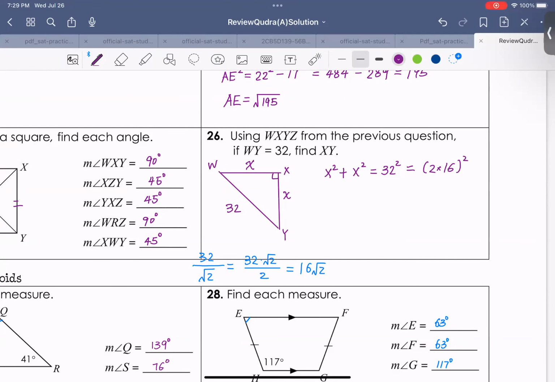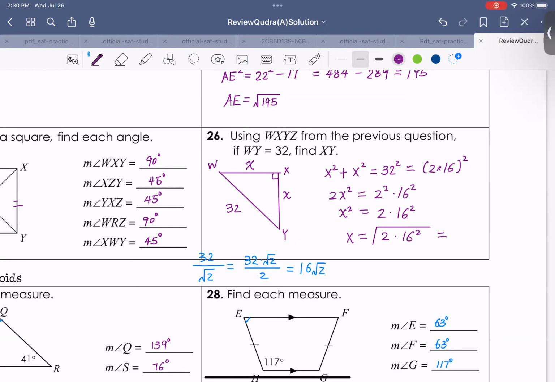You do the square. So 2x squared equals 2 squared times 16 squared. Make sense? So x squared will be 2 times 16 squared, since 4 divided by 2 is 2. Make sense? Yes. So x is going to be the square root of this.